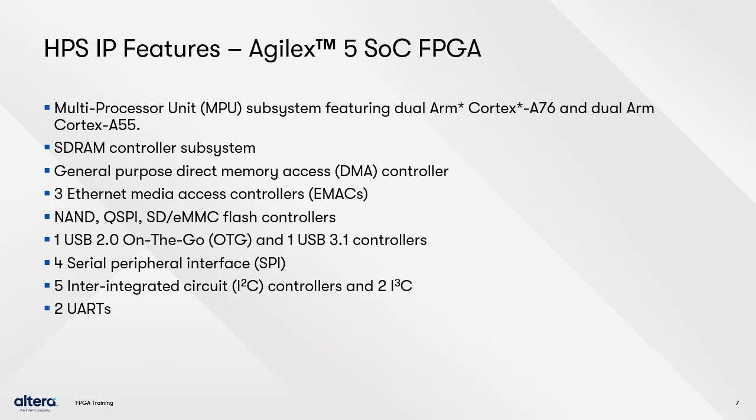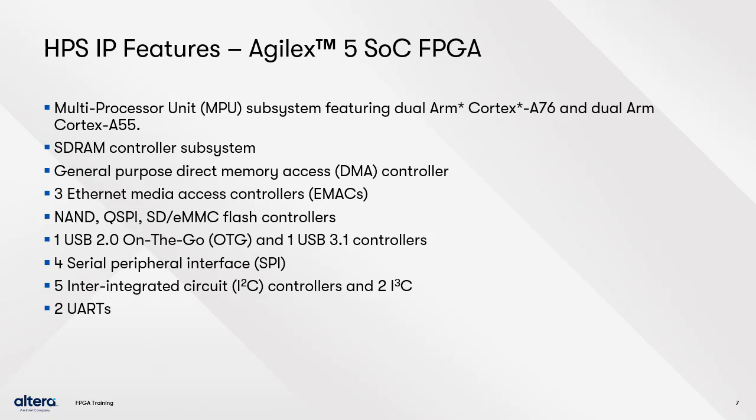The multiprocessor unit features dual ARM Cortex-A76 and dual ARM Cortex-A55 processors, Ethernet controllers from Synopsys, multiple flash interfaces, and serial interfaces including USB, SPI, I2C, I3C, and USB 3.1, among others.